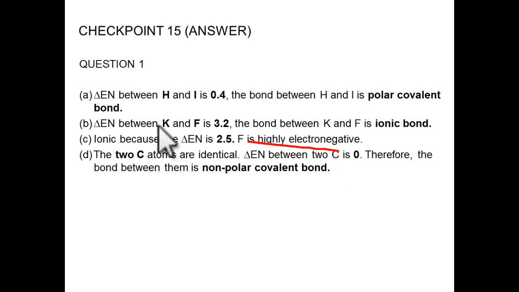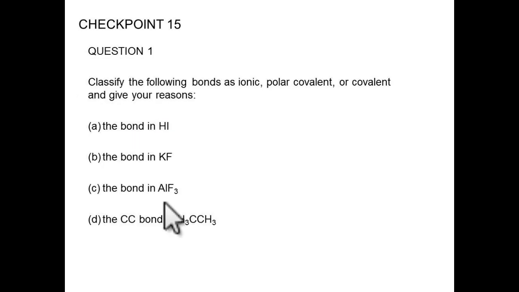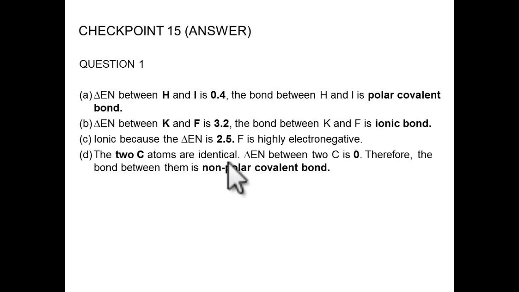Okay, between these two, let me refresh, I don't know why. Okay, we have this one and this one, so the difference is 3.2. It's more than 2, therefore it falls under the category of ionic bond. Again, F is highly electronegative. Okay, that's the reason. For the two carbons, I'm referring to this question.